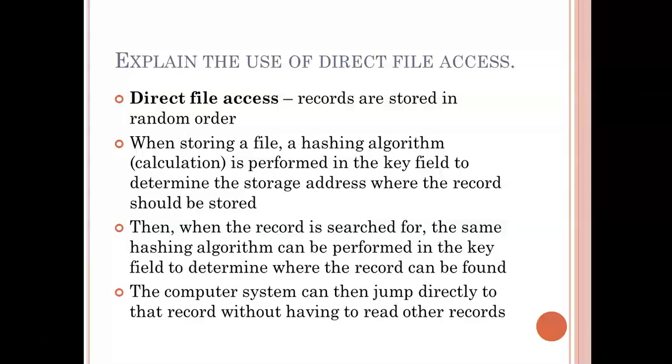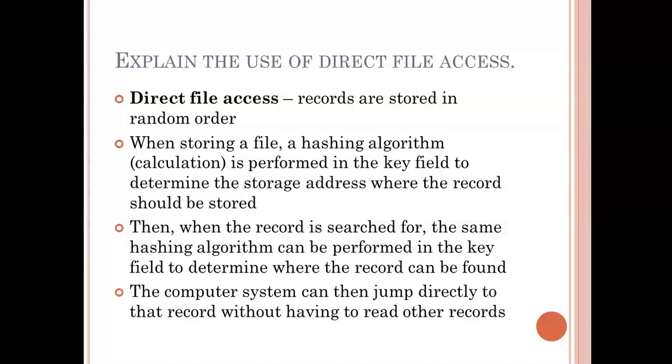For an employee, for example, there might be an employee ID. A hashing algorithm, which is a calculation, can be some mathematical equation or formula that is used by the computer to produce the address where the information is going to be stored for this person.